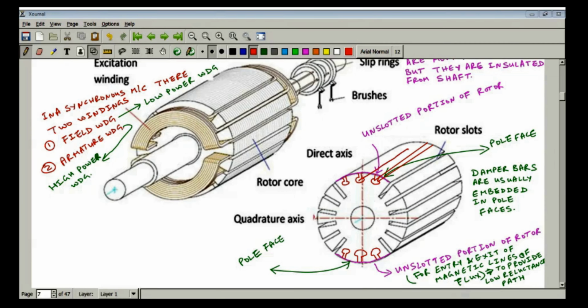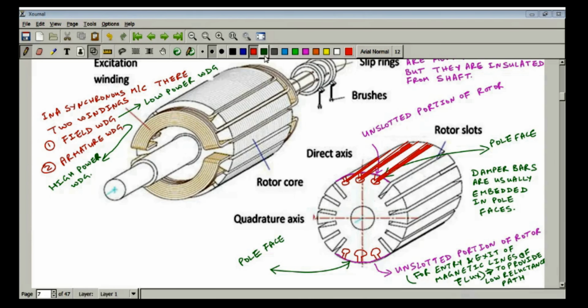These damper bars are like this. They are running along the pole faces. You can just shade it for better view, but these damper bars are running along the pole faces, and not only that, they will be short circuited at both the ends, so that they are capable of carrying current, because if they are not short circuited at both ends, you cannot expect the current to flow.